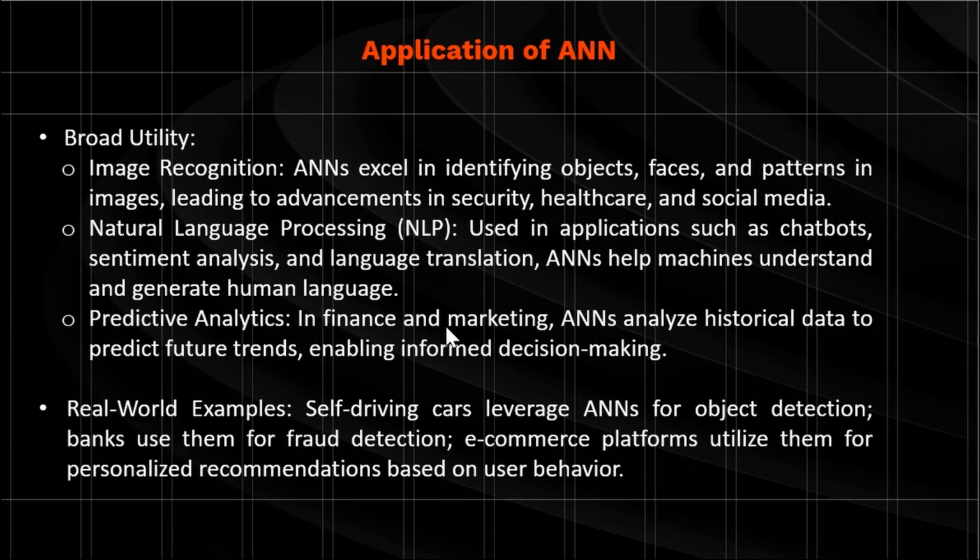In fields like finance and marketing, ANNs look at past data to forecast future trends, helping companies make better decisions. Some real-life examples include self-driving cars that use ANNs to detect objects around them, banks using ANNs for fraud detection, and e-commerce sites offering personalized recommendations. These applications show how versatile ANNs are.